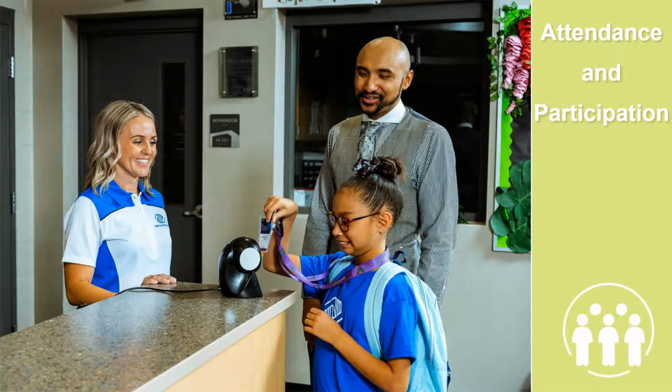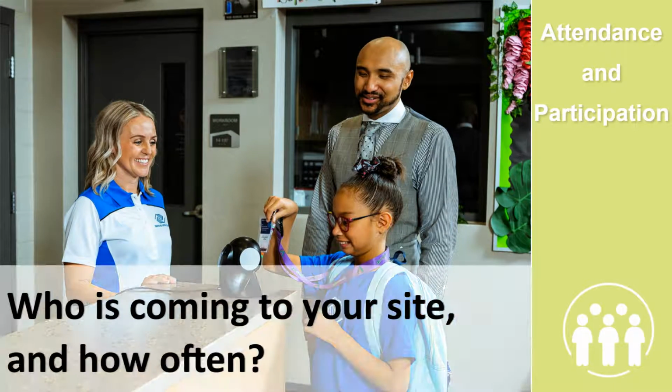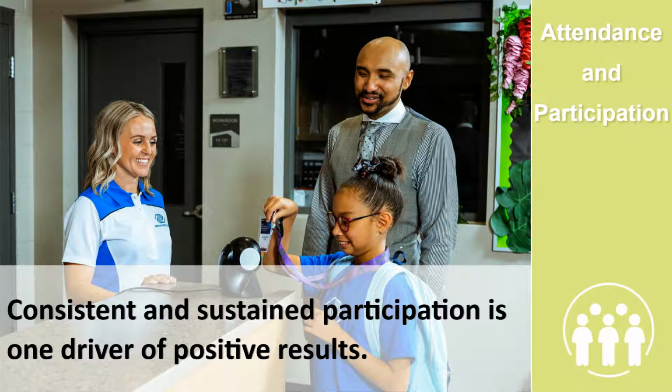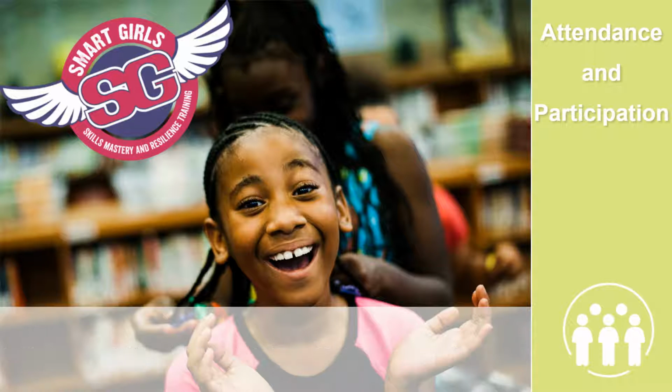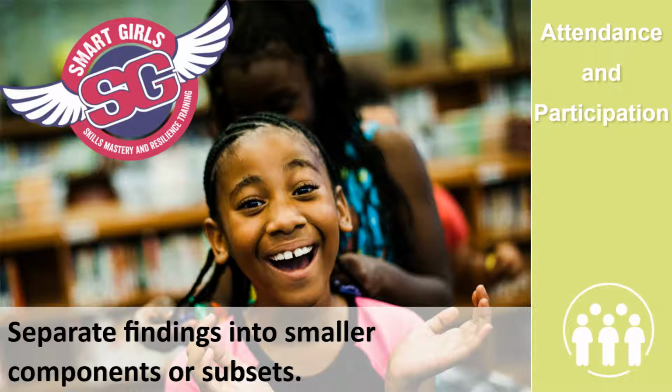Attendance and participation data can be as simple as tracking who is coming to your site and how often. Research shows that consistent and sustained program participation is one driver of positive results for young people. Attendance and participation data can also provide information on specific programs or initiative attendance, retention, dropout rates, etc., especially if you're able to disaggregate the findings, meaning separate them into smaller components or subsets for comparison.